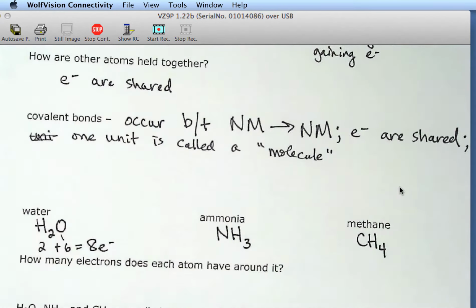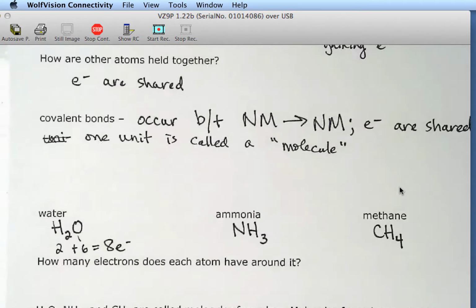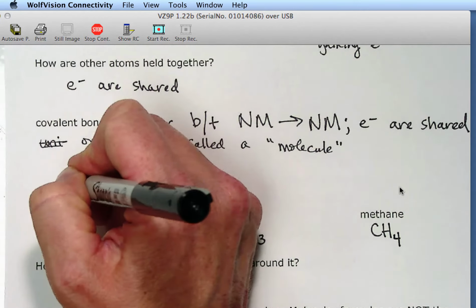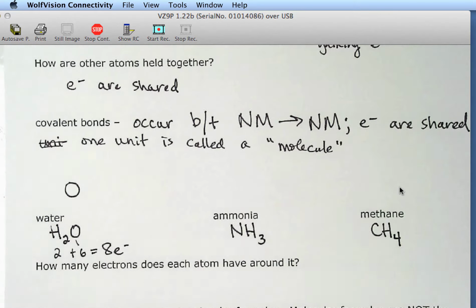So for this electron dot structure of water, you should have 8 electrons depicted. And we'll go over some more examples of this and how to draw these, but you want to start with the central atom in your electron dot structure as the one that can have more bonds. And I'll go through this coming up.